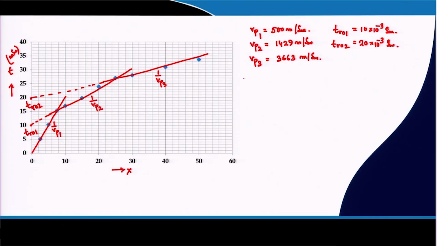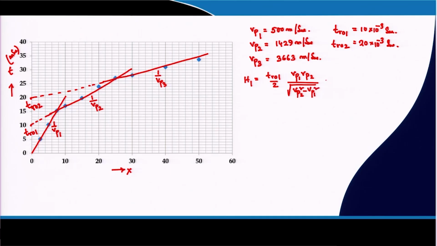Okay, so now, I know the velocity, so if I put in the H1 expression, I know this is TR01 divided by 2, Vp1 Vp2 divided by root over Vp2 square minus Vp1 square.